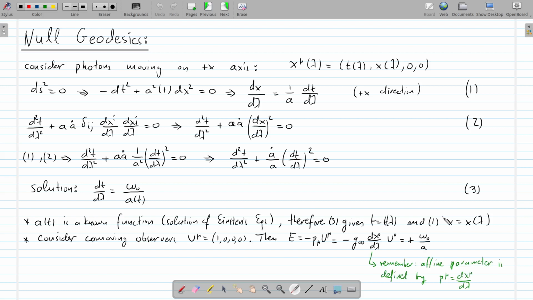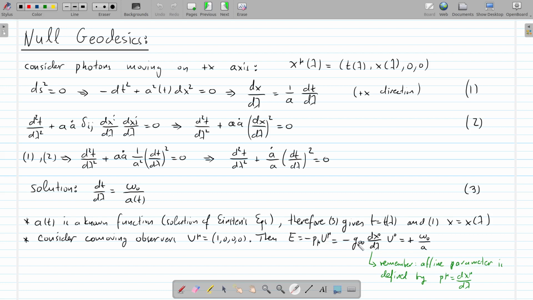Now let's consider co-moving observers. These observers have 4-velocity, which is equal to 1, 0, 0, 0. So the energy of such photons moving on those curves is given by P_mu U^mu.